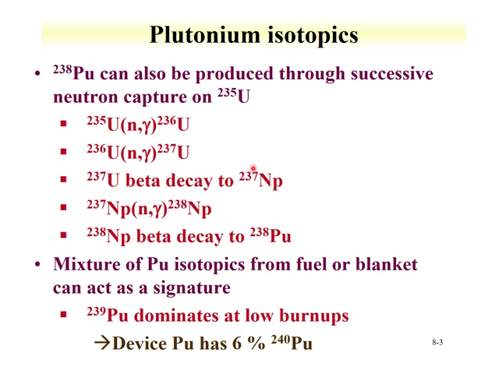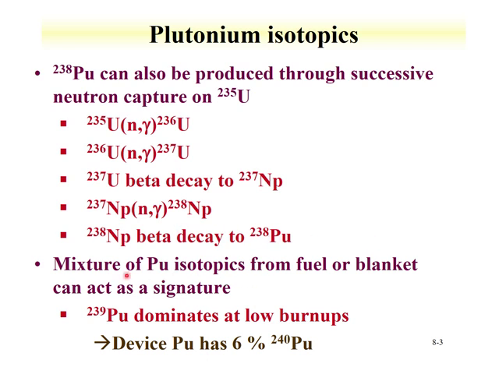This neptunium-237 captures, going to neptunium-238, which then beta decays to plutonium-238. This route, this neptunium to plutonium-238, is also the route for the production of plutonium-238 for thermoelectric uses. So a mixture of plutonium isotopics in fuel or blankets can act as a signature.